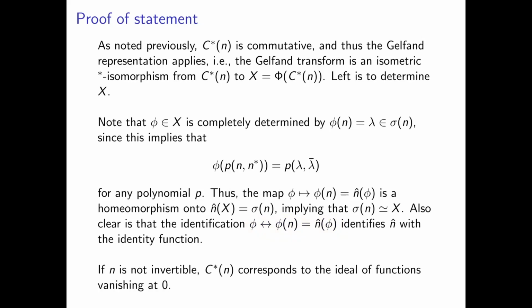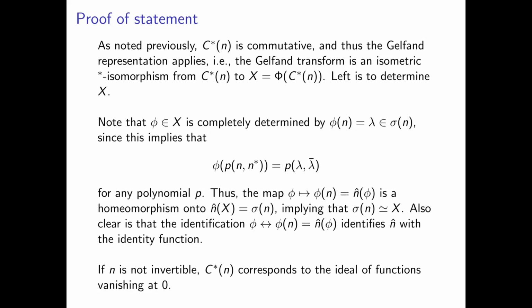And then finally, if n is not invertible, then C star n is just the ideal of functions vanishing at 0. And this can be seen pretty easily because if you have 0 in the spectrum of n, then if, say, a character evaluated at n would be equal to 0, then we would use this argument to conclude that that character would be 0 everywhere. I should have said characters all along, really.